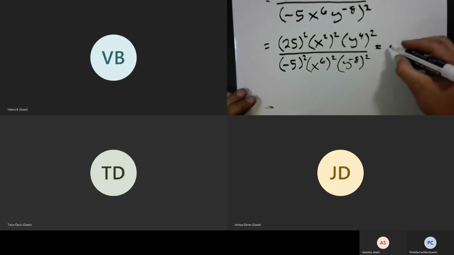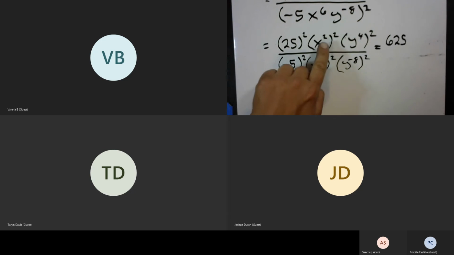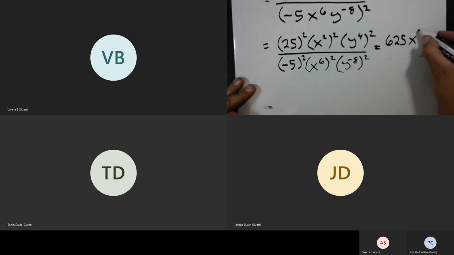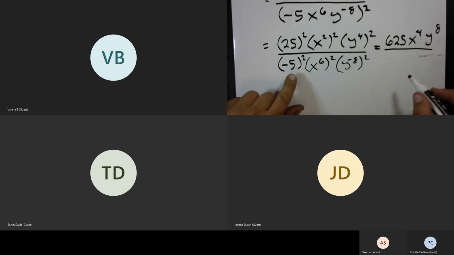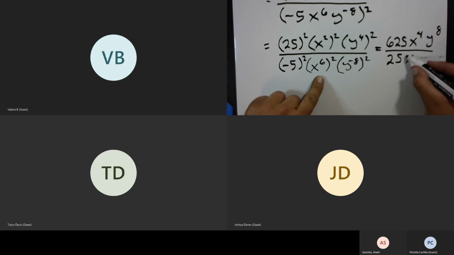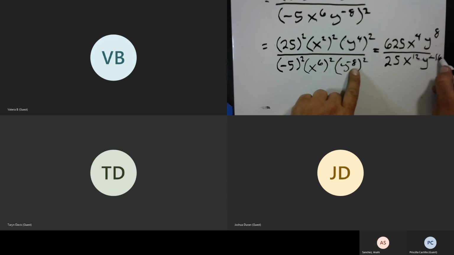So what we'll get is 625, 2 times 2 is x to the 4th. We're multiplying, we're not adding. y to the 8th. And then this is 25. We have x to the 12th. And then y, we're multiplying, to the negative 16.